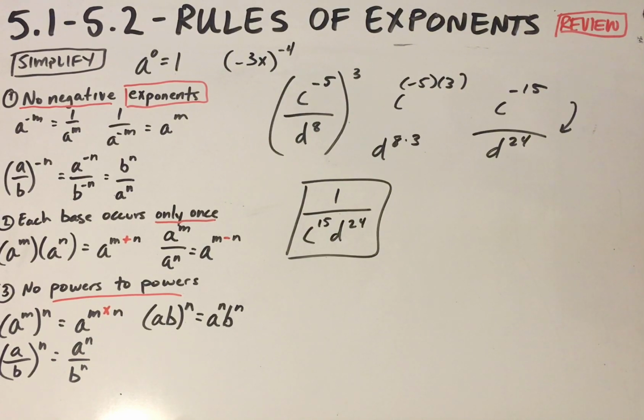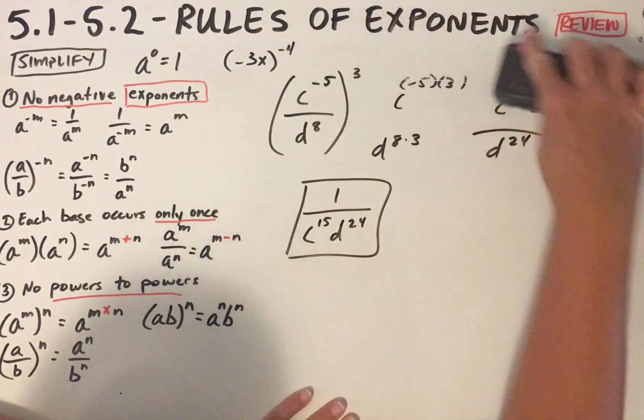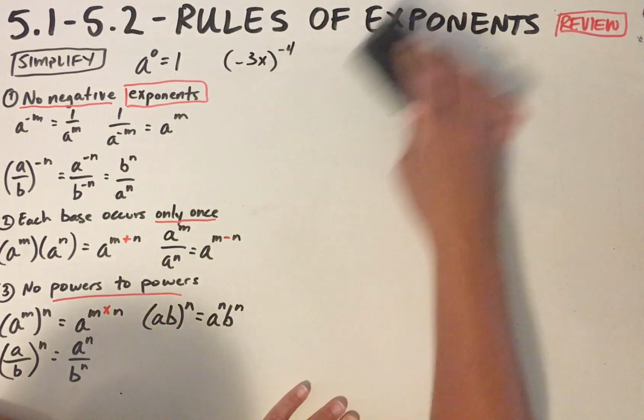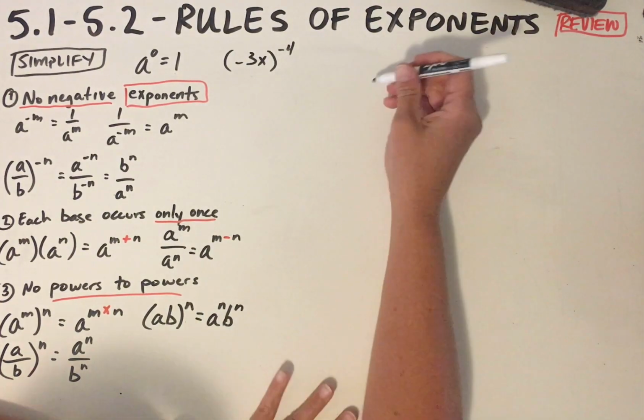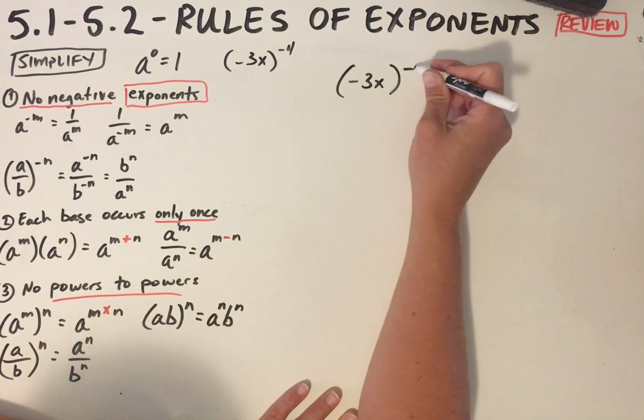Okay, so now let's go back to this one that we were doing before. This negative 3x to the negative 4.